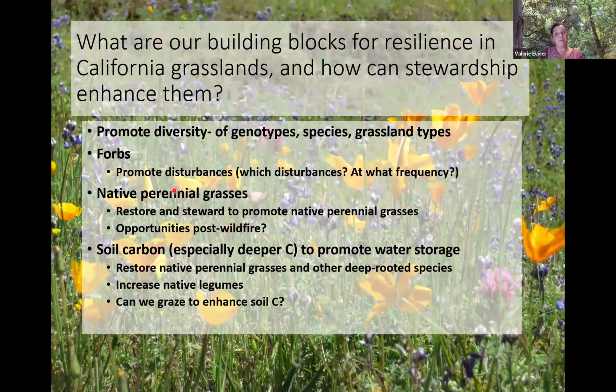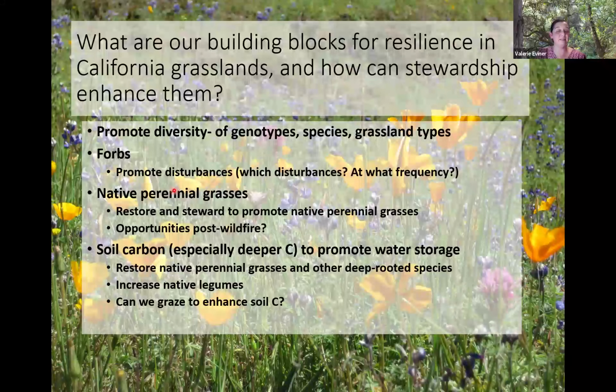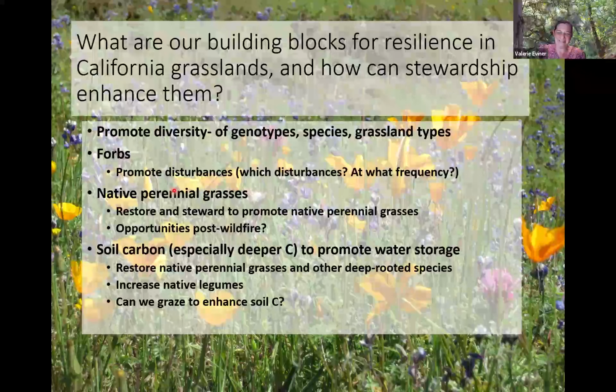And we've been doing some work now to see, hey, we've got these massive wildfires going on. If we use those as an opportunity, as a blank slate without a lot of competition from the invasives, can we get natives successfully established? And I don't have an answer for you yet. Some places maybe, some places not. But again, we're working on that.